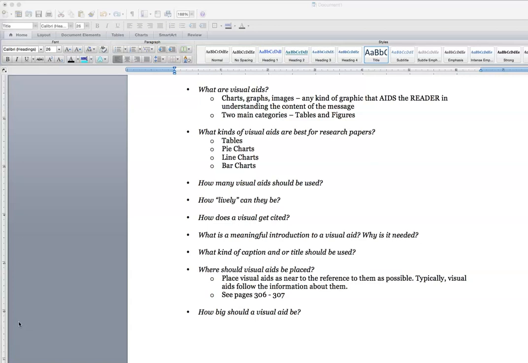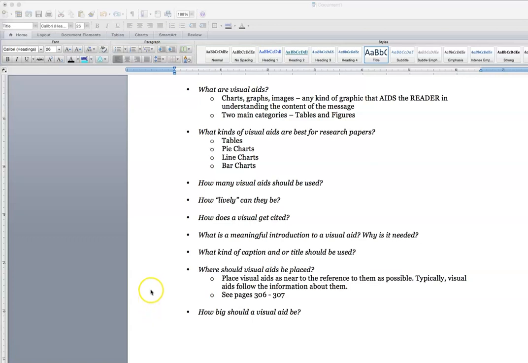So a visual aid would help them sort through all of those numbers. So we always are trying to help our reader understand what it is we're trying to say. So talk about the content of the visual aid and then introduce it.